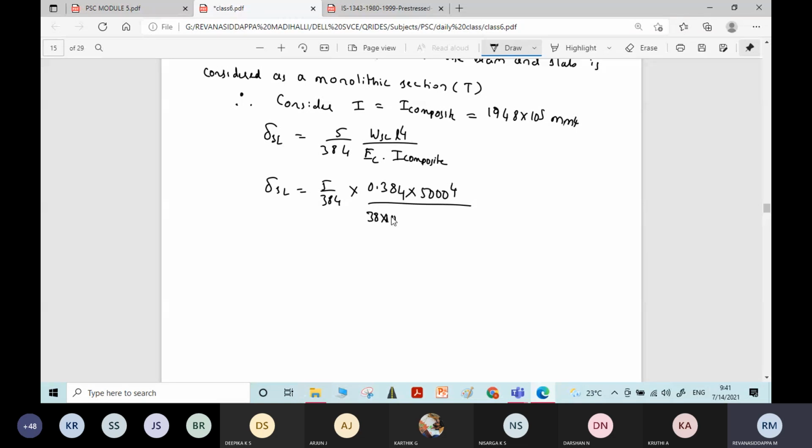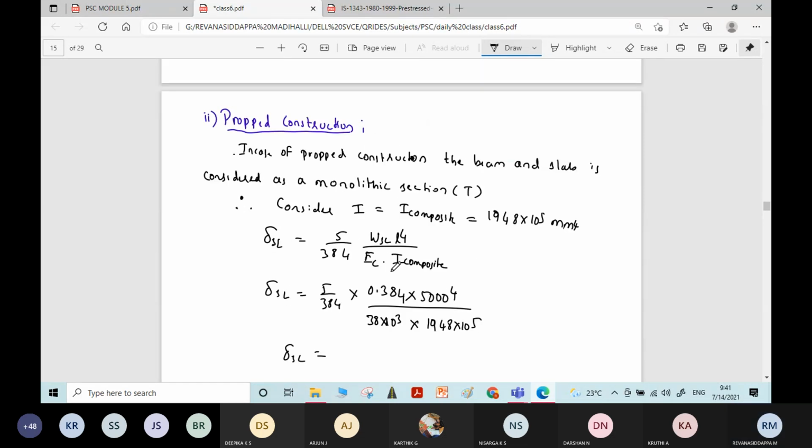Tell me the answer. Very small difference, okay. That too in step 2. It is 0.46 mm.